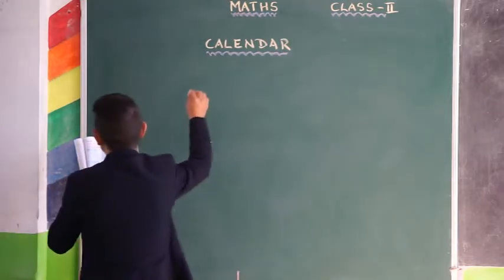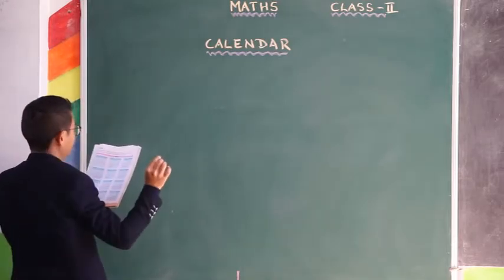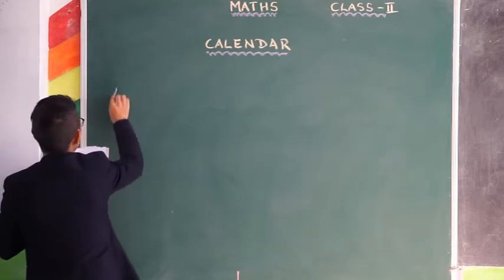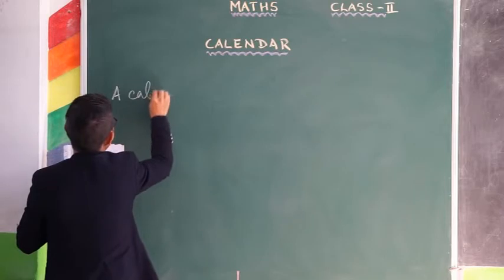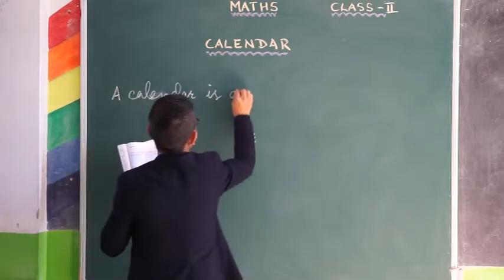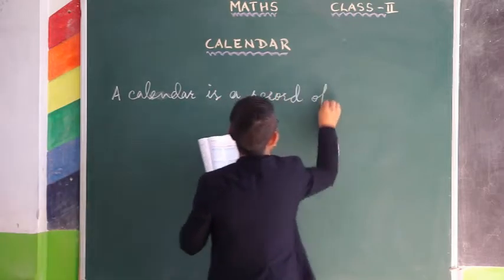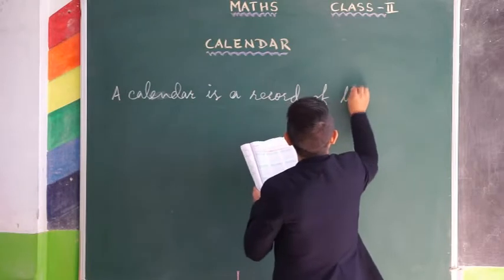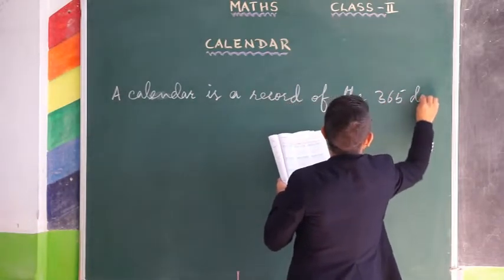Now, just remember this. A calendar is a record of 365 days.